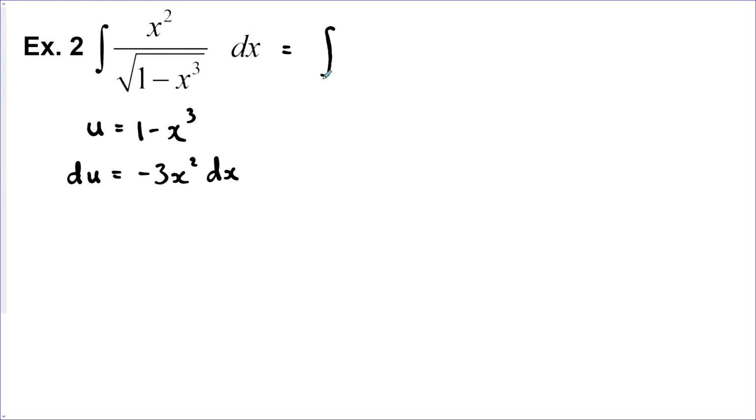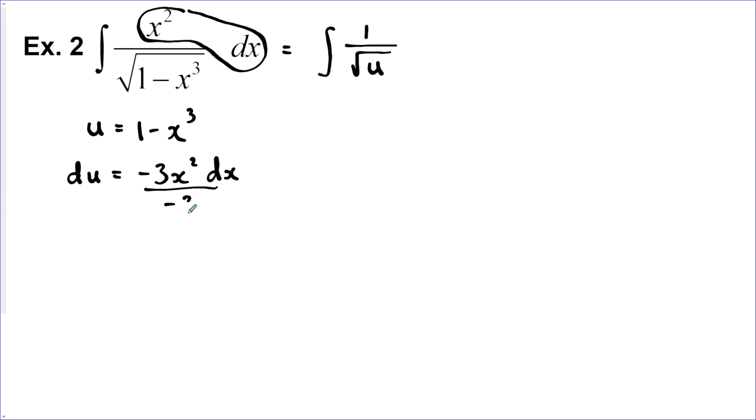So we have the integral here, and we've got a 1 over the square root of u. And we have an x squared dx left, and that's not what we see in this equation that we made. So we just need to do a little bit of algebra to make an x squared dx.